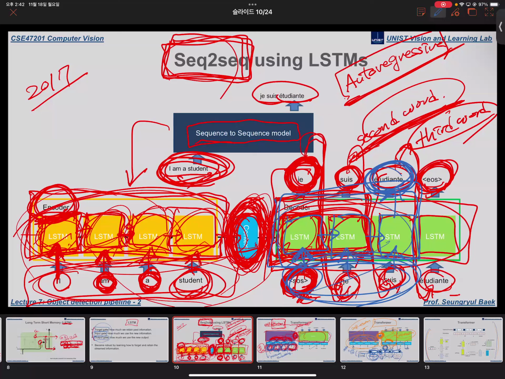So in each autoregressive step, they are working sequentially to encode the feature.